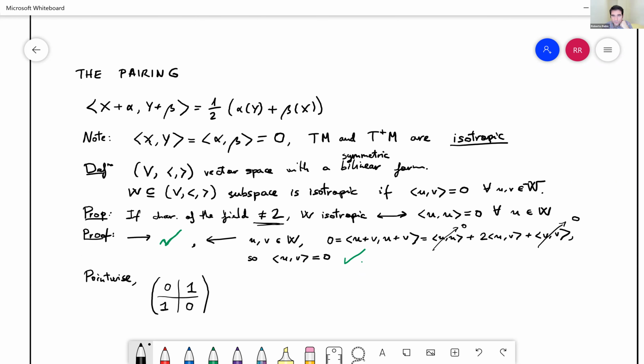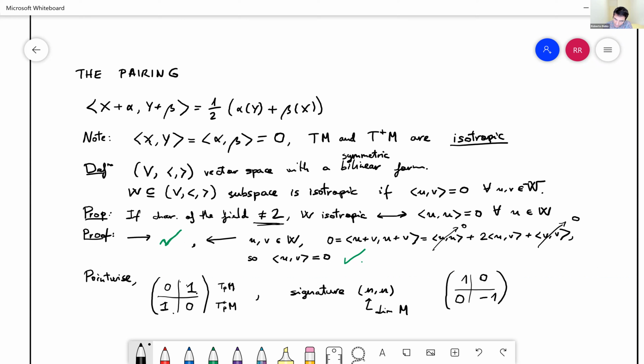At every point you choose a dual basis of T_pM and T*_pM so that this is 1, and since TM and T*M are isotropic, you get this. So this is a pairing of signature (n, n), because you can transform this matrix into something like this. Remember, this is the signature: I just count the positives and the negatives here. Of course, n is the dimension of the manifold.